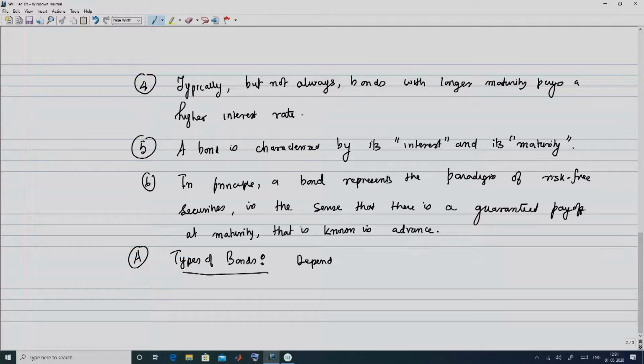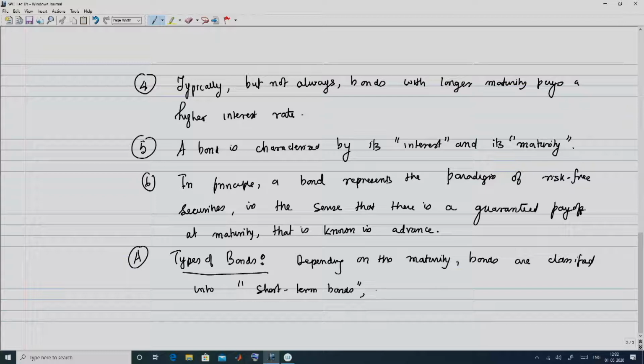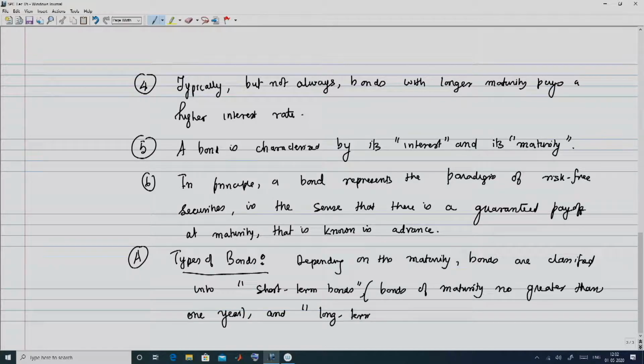So, depending on the maturity, bonds are classified into short term bonds, which are basically bonds of maturity no greater than 1 year, and long term bonds.